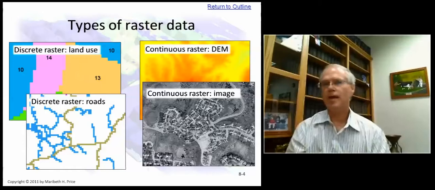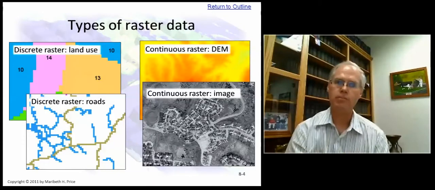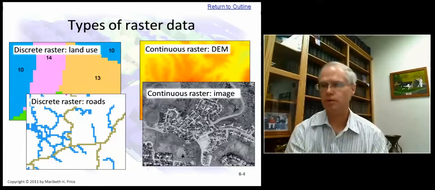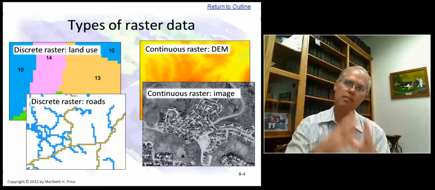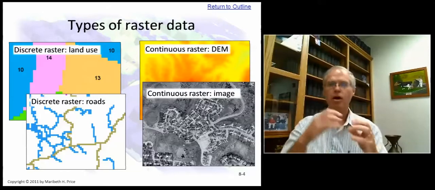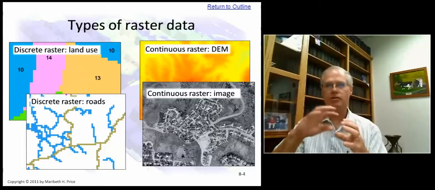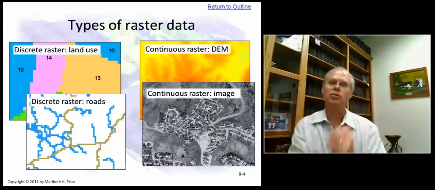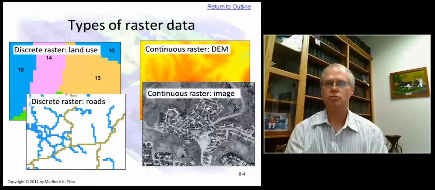The other type of rasters are continuous. And there are two types of continuous. Probably the one you're going to see the most of or work with the most, or at least put in your maps, are images. An image is a continuous raster because every pixel, every cell continuously changes as you go through. There's no blocks of cells together. It's just continuously changing one direction or the other. One of the more common ways of using continuous rasters is with DEMs.